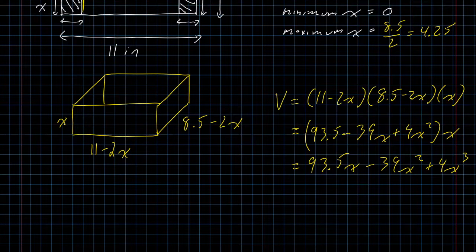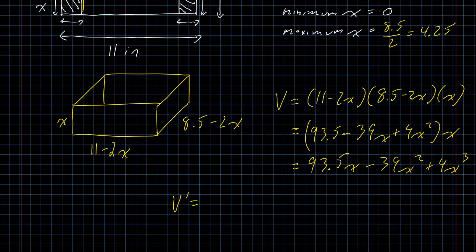We can figure out where the roots are if we so desire, but the thing that's really going to matter, again, is we want to find the maximum value of V. And the maximum value of V must occur at one of the endpoints, x is 0 or x is 4.25, although we know that those are both going to give us a volume of 0, so those are hopefully the minimum values, or it will occur at a critical value, a place where V prime is equal to 0.